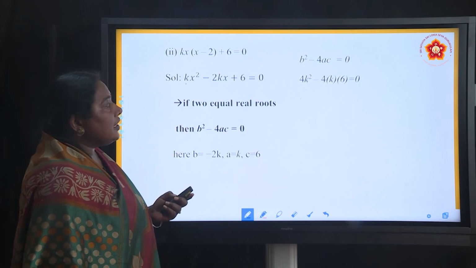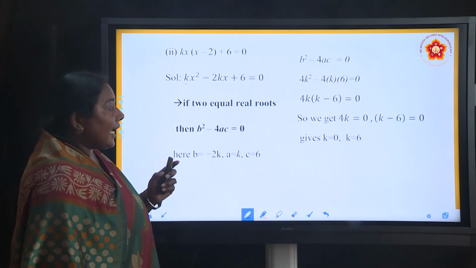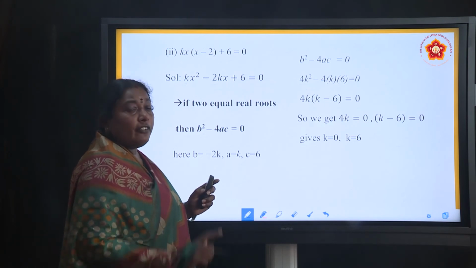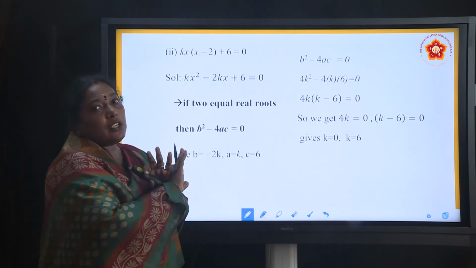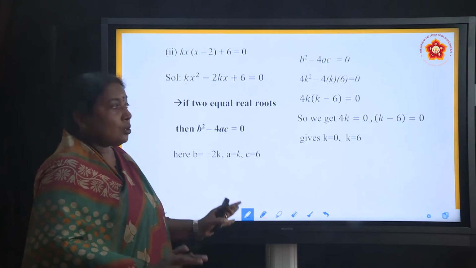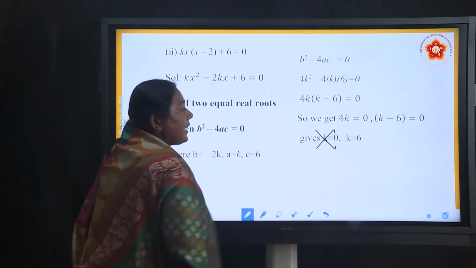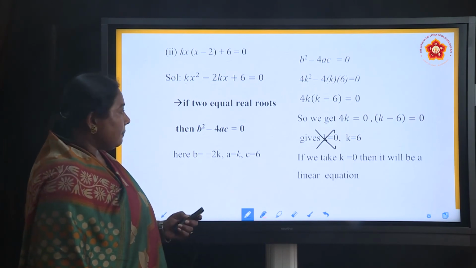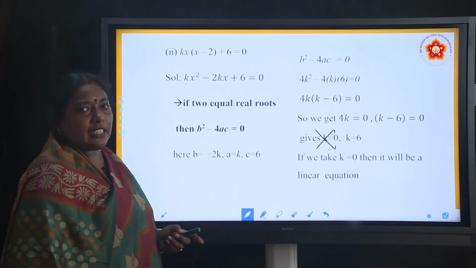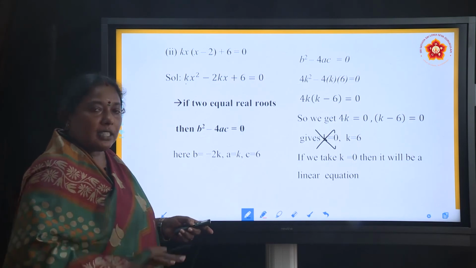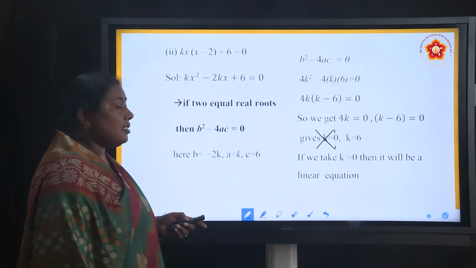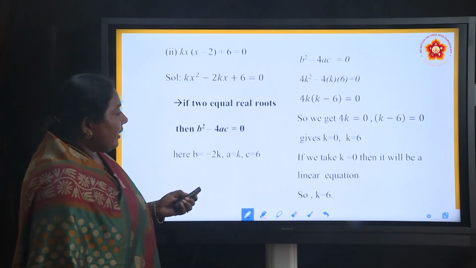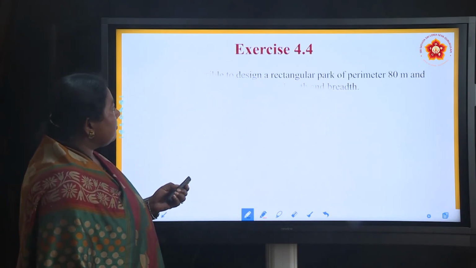Applying in the condition, we get k is equal to 0 and k is equal to 6. Since we are not supposed to take k is equal to 0, if we take k is equal to 0, our equation won't be a quadratic equation. So we have to neglect k is equal to 0, we have to take k as 6, that is all. If we take 0, it will become a linear equation, it won't work here because in a quadratic equation only this condition applies. So the k value is 6.